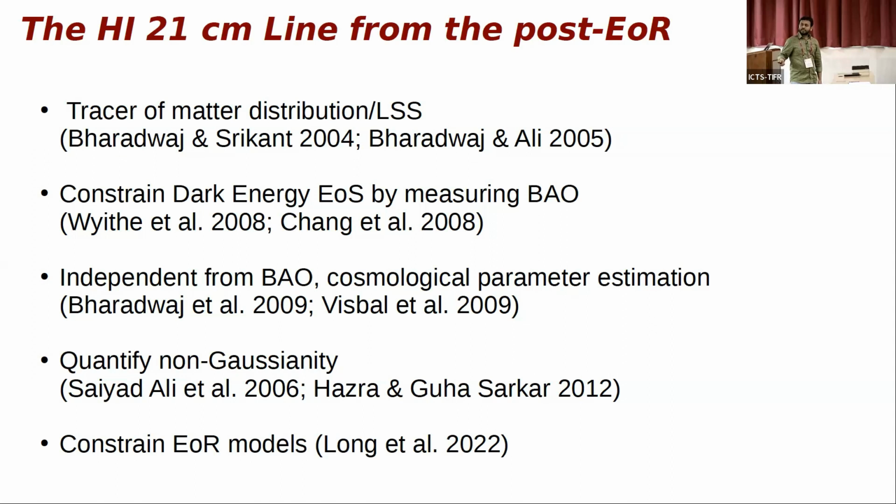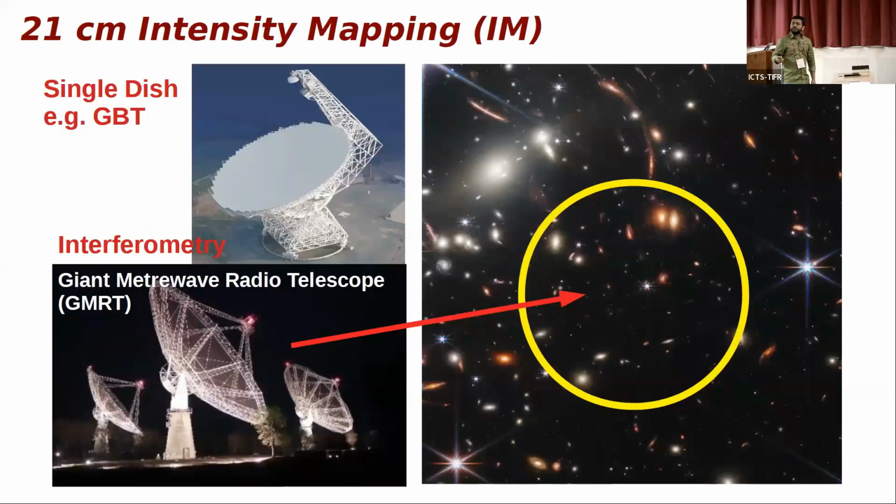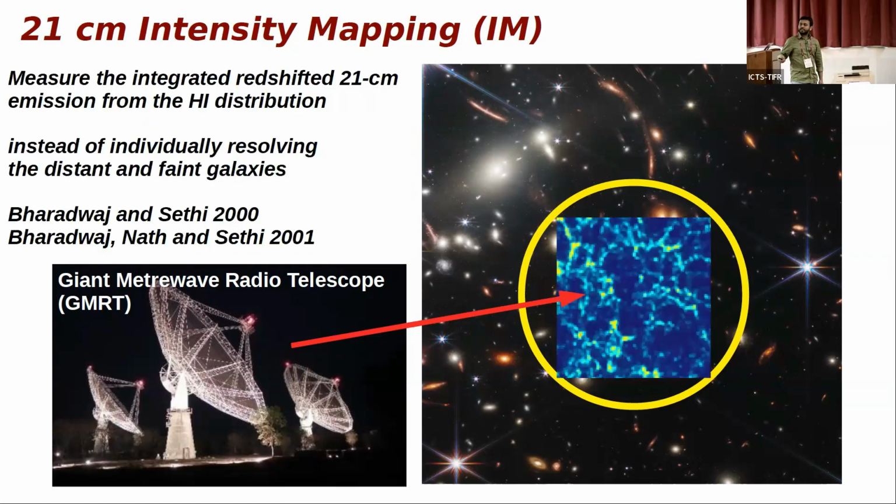One can quantify non-Gaussianity if there is any, and constrain reionization models like late reionization. What we do is look at a patch of the sky through an interferometer or single dish telescope and try to find the brightness temperature fluctuation of the 21 centimeter signal.